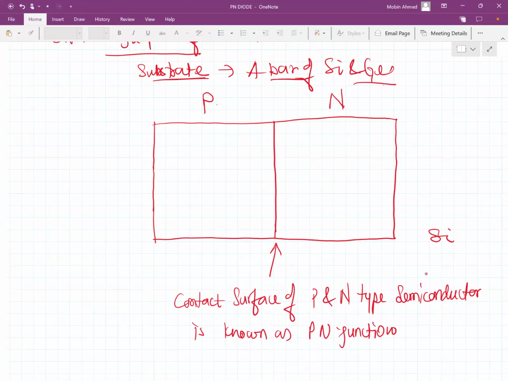Now this side we are going to have holes. These holes are going to be the majority carriers. And this side we are going to have the free electrons.